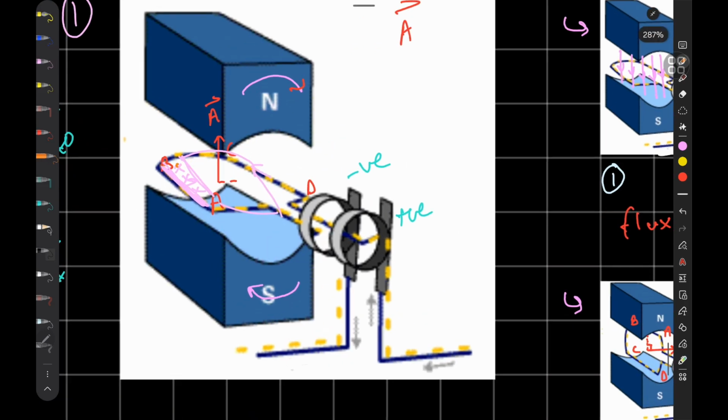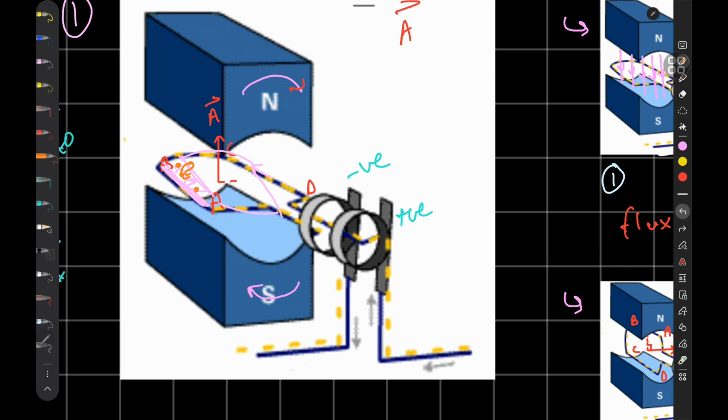So the field lines produced should be out of the page. And this is only produced if you form your right hand grip rule, that is, your hand is somewhat like this, right? And your thumb will point in this direction.